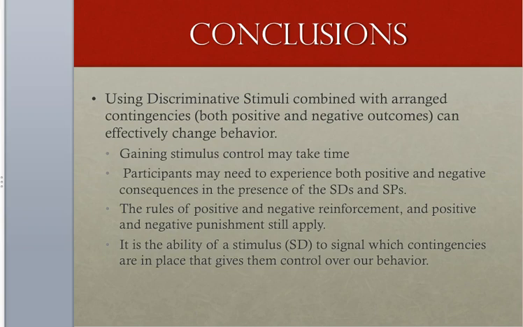They just apply in the presence of particular stimuli so that the individuals can learn which stimulus goes with which outcome. And it is the ability of a stimulus or an SD to signal which contingencies are in place that gives them that control over our behavior. And the more reliable they are, the better we learn them and the more likely they'll become automatic.